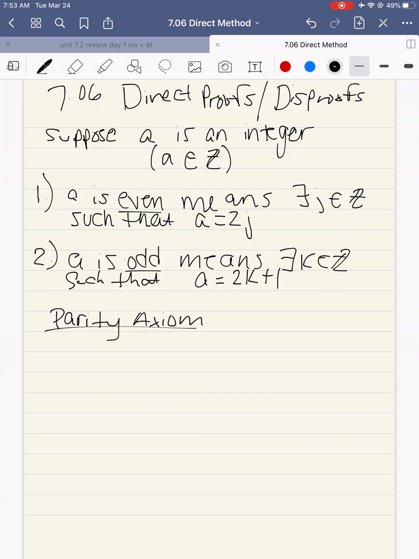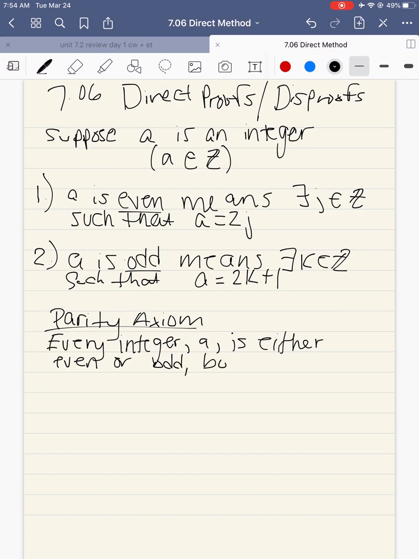The parity axiom says that every integer a is either even or odd but not both.